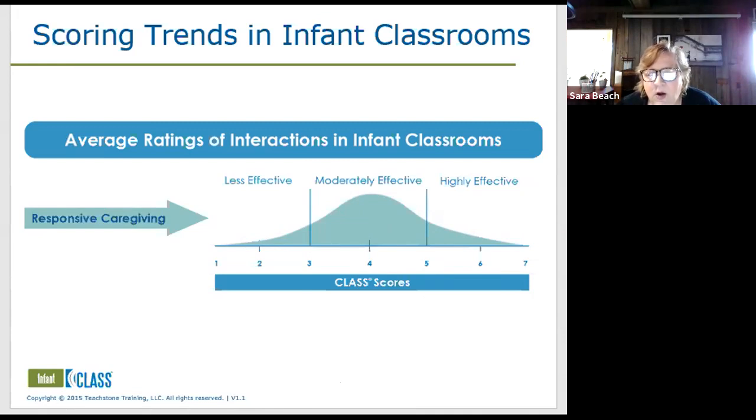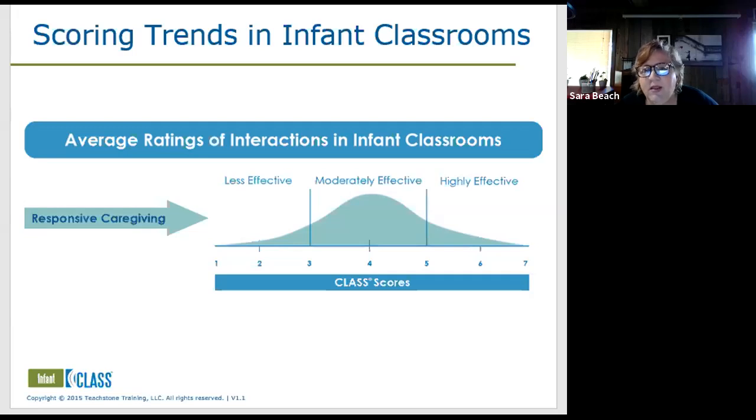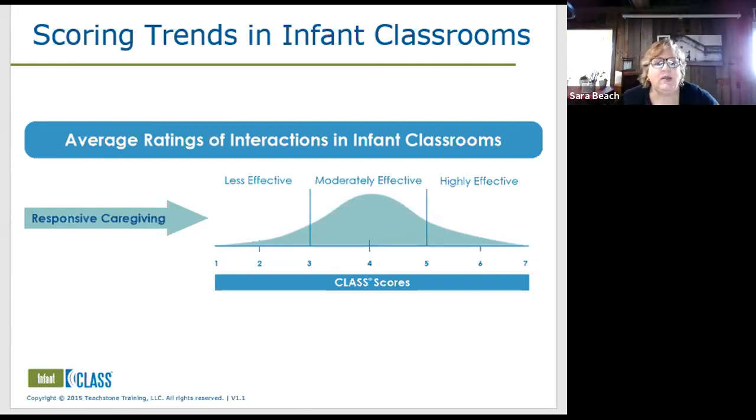Even though these are all simple things, they're really simple to recognize and simple to talk about, we're not seeing them necessarily at high levels. And so maybe you get 1 classroom out of 4 that's doing it at a high level, and the rest of them are just doing it somewhat. And then once in a while you do get some that are doing really poorly. But averaging it out across the dimensions, we're seeing moderately effective.